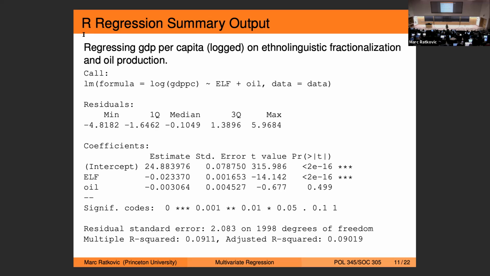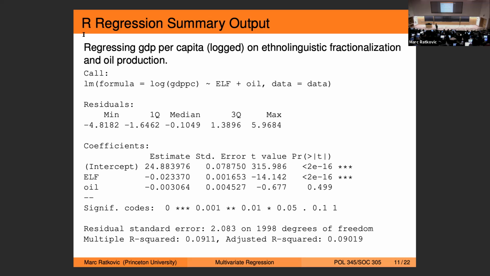So we fix the amount of oil and we increase ethno-linguistic fractionalization by 1, and we'd expect log GDP per capita to go down by 0.02337. Okay, the next question we might have is, is that relationship statistically significant?